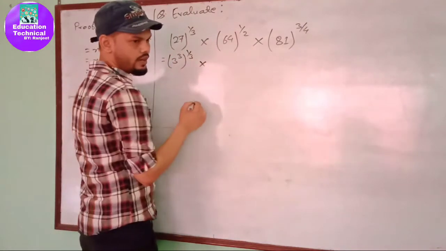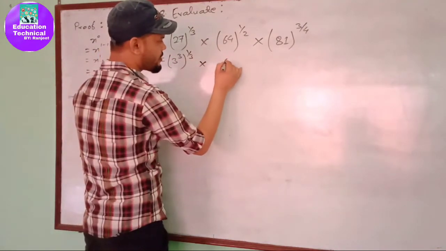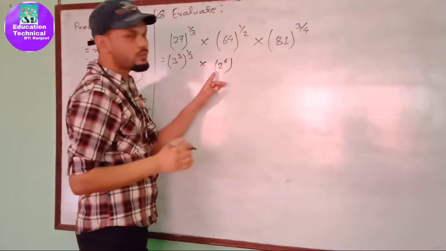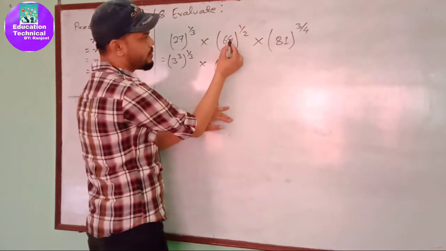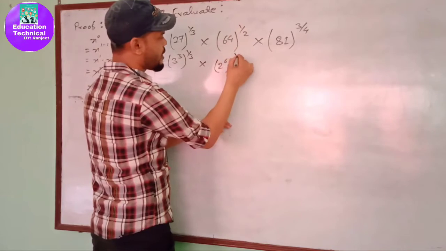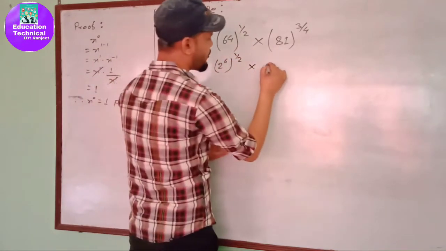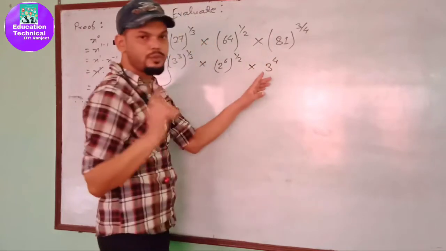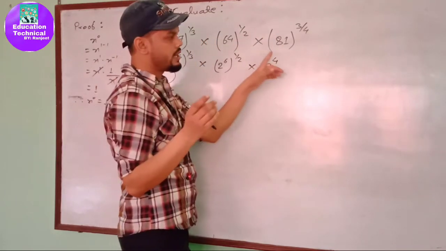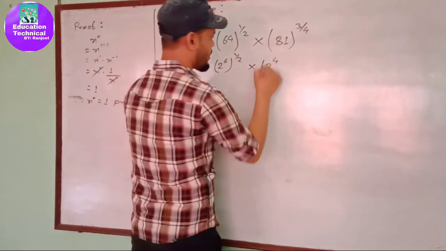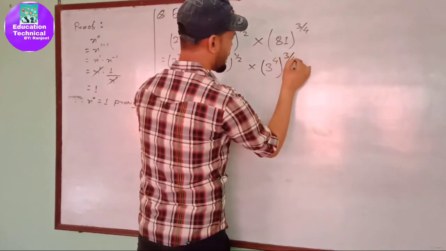Similarly 64 means 2 power 6. If you multiply 2 six times, then the result will be 64, and this 1 by 2 power. Similarly this 81 means 3 power 4. That means if we multiply 3 four times, then the result will be 81, and this 3 by 4.